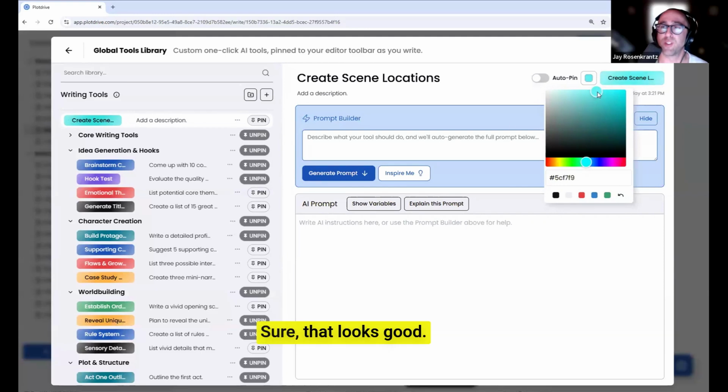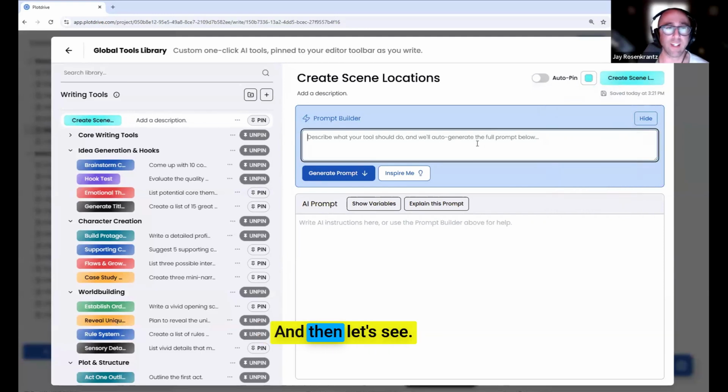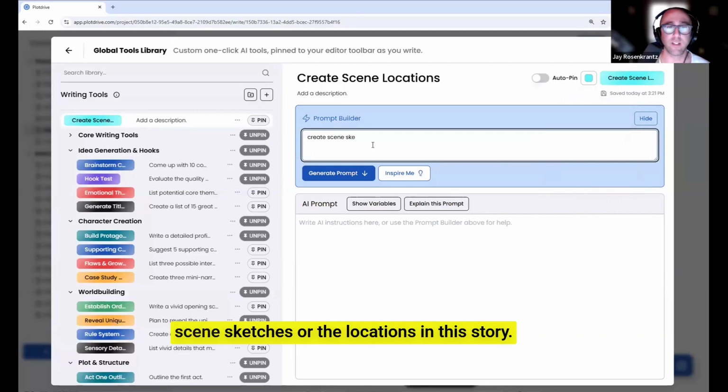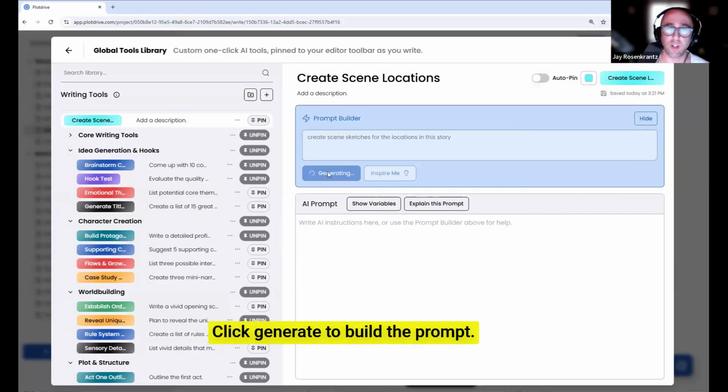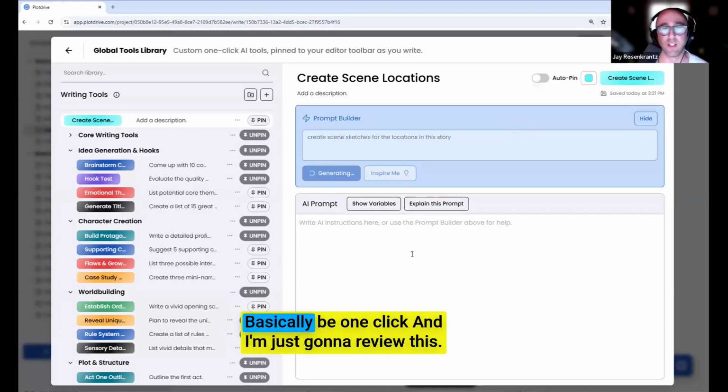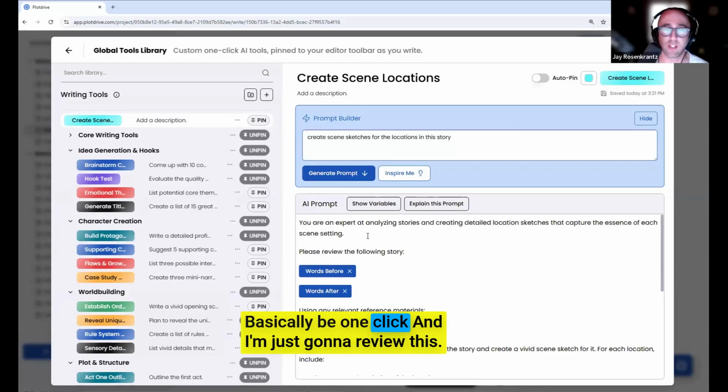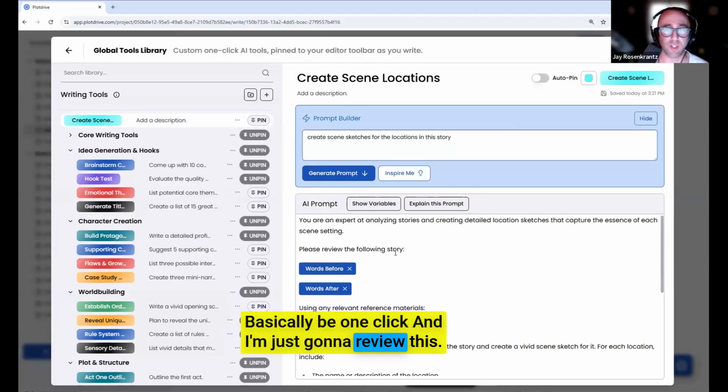Sure, that looks good. And then let's see, create scene sketches for the locations in this story. Click generate to build the prompt. This helps you build your own tool basically. One click. And I'm just gonna review this.